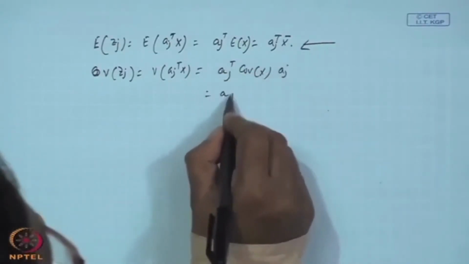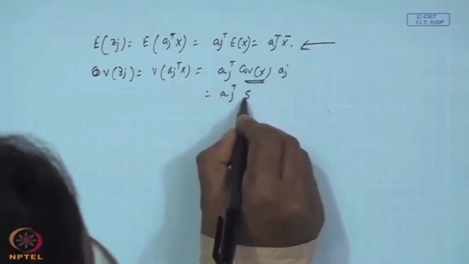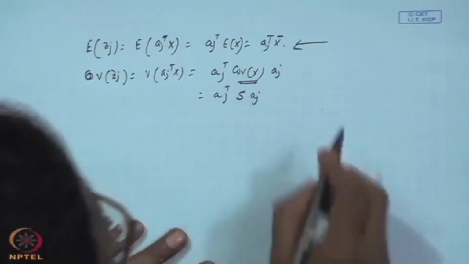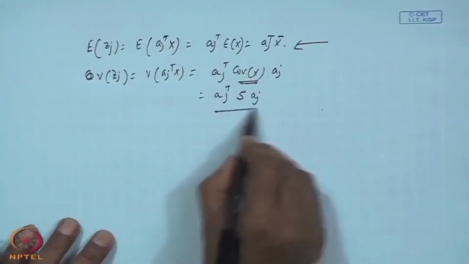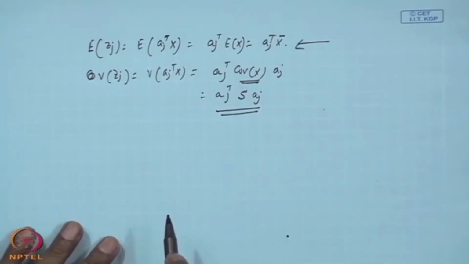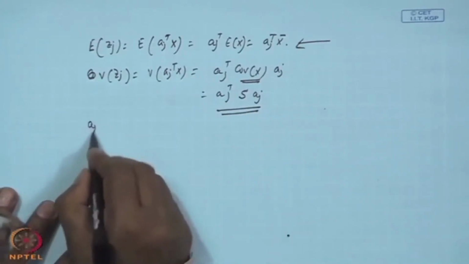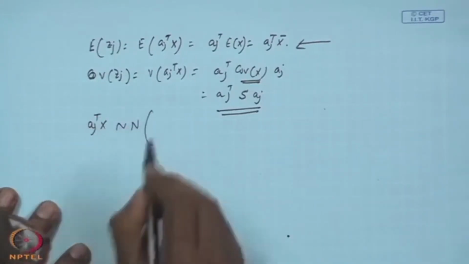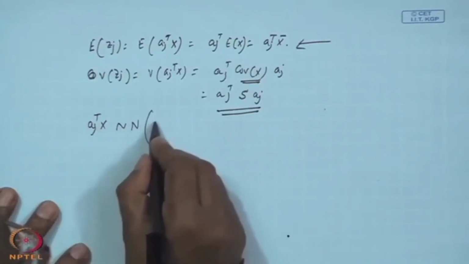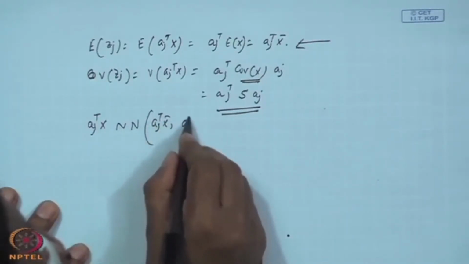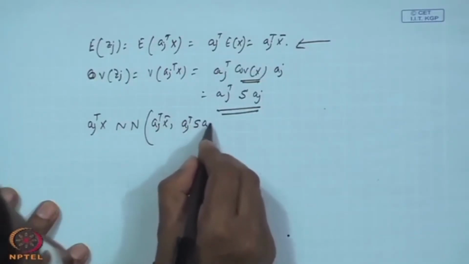Now, the covariance will be replaced by capital S, so Aj transpose S Aj. If this is normally distributed, then Aj transpose x is normally distributed with mean Aj transpose x bar and variance Aj transpose S Aj.